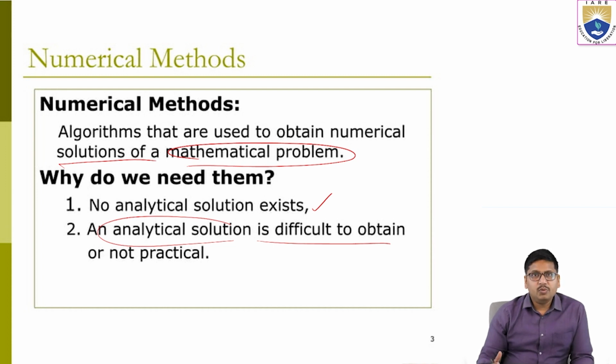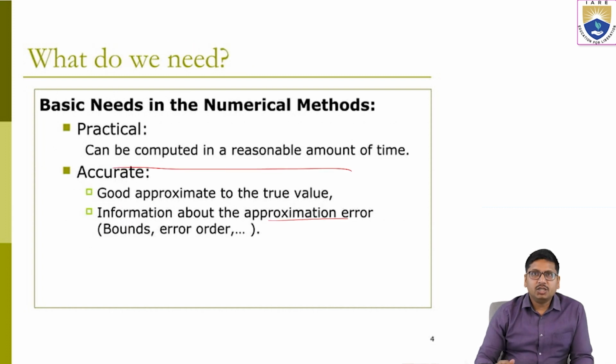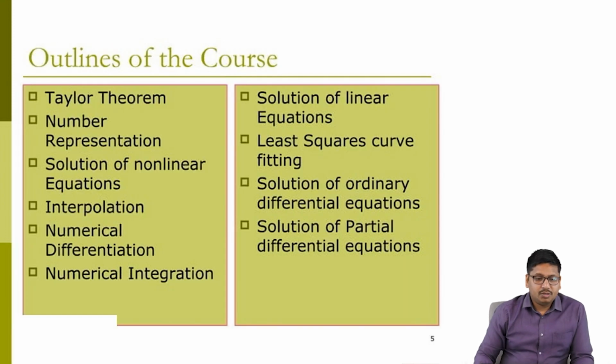Why do we need them? Because no analytical solution exists for this kind of problem, or the analytical solution is difficult to obtain and not practical. The basic needs in numerical methods are practical and accurate results. Practical means we can compute in a reasonable amount of time, and accurate means a good approximation to the true value, along with information about the approximation error.